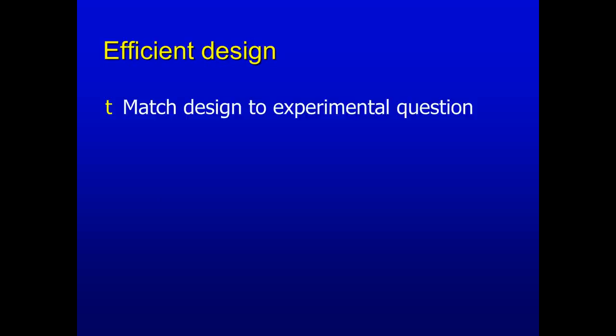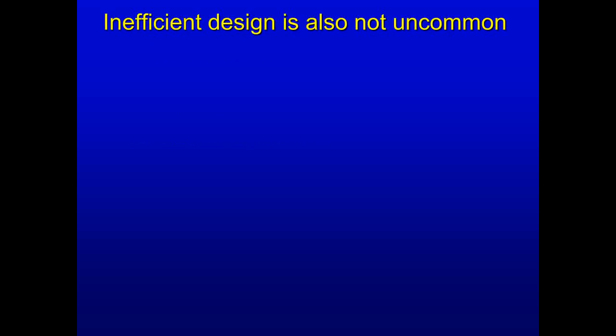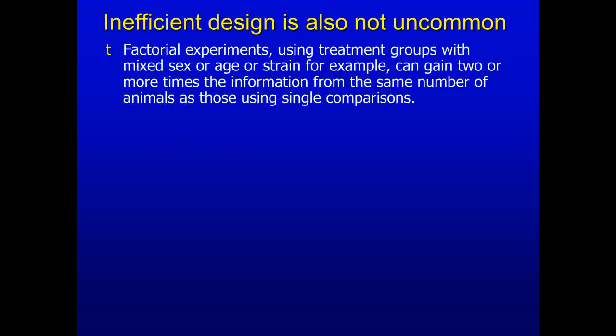So the last thing to think about and to make certain is included in some form of approach to optimizing experimental design and teaching about it is to match the design to the experimental question as well as getting the right group size.